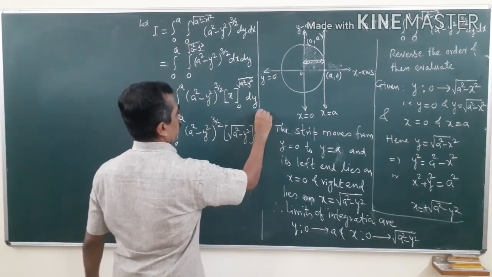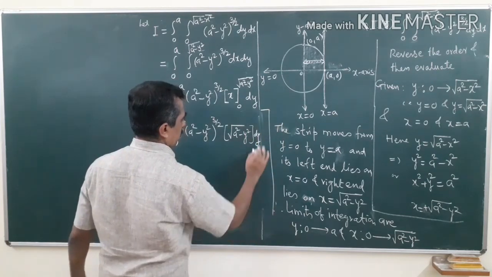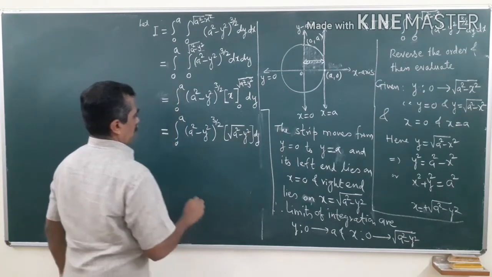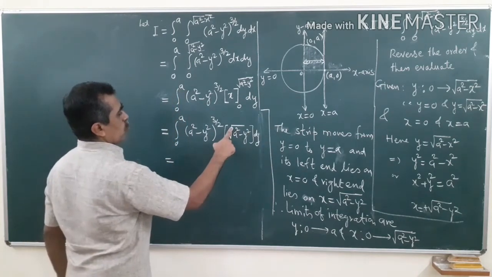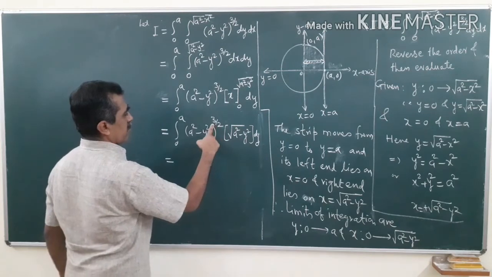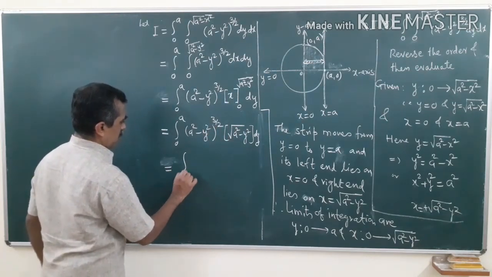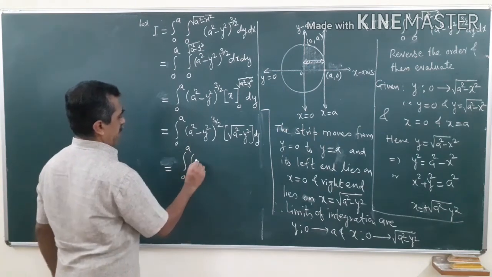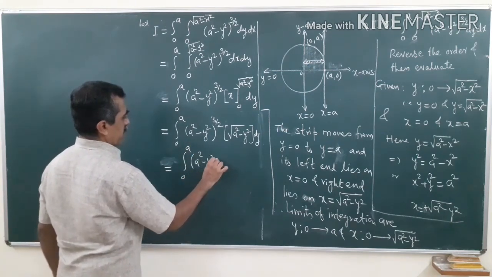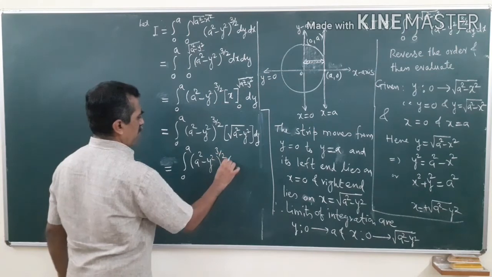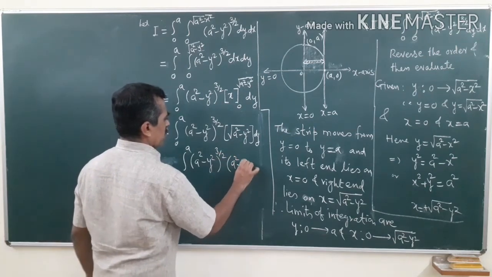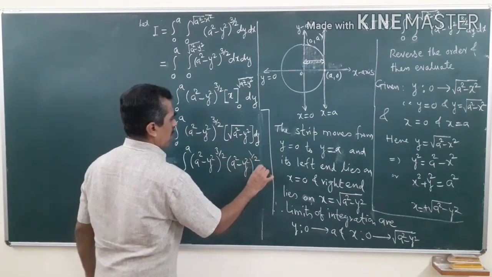This is with respect to y. This is equal to, now this root means power half, and this is 3 by 2, so the integral from 0 to a of a square minus y square raised to 3 by 2 into a square minus y square raised to half dy.